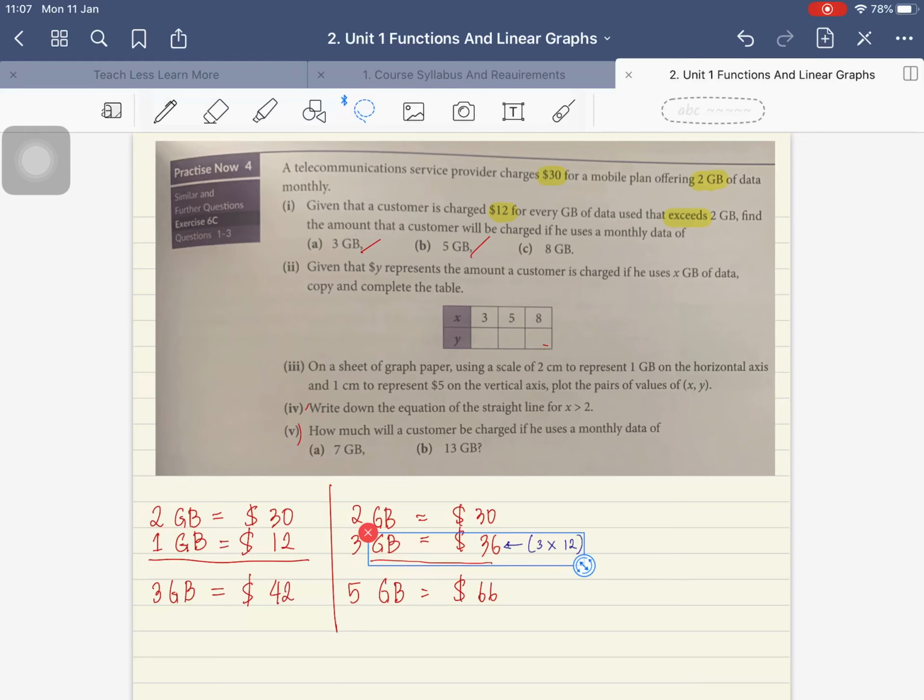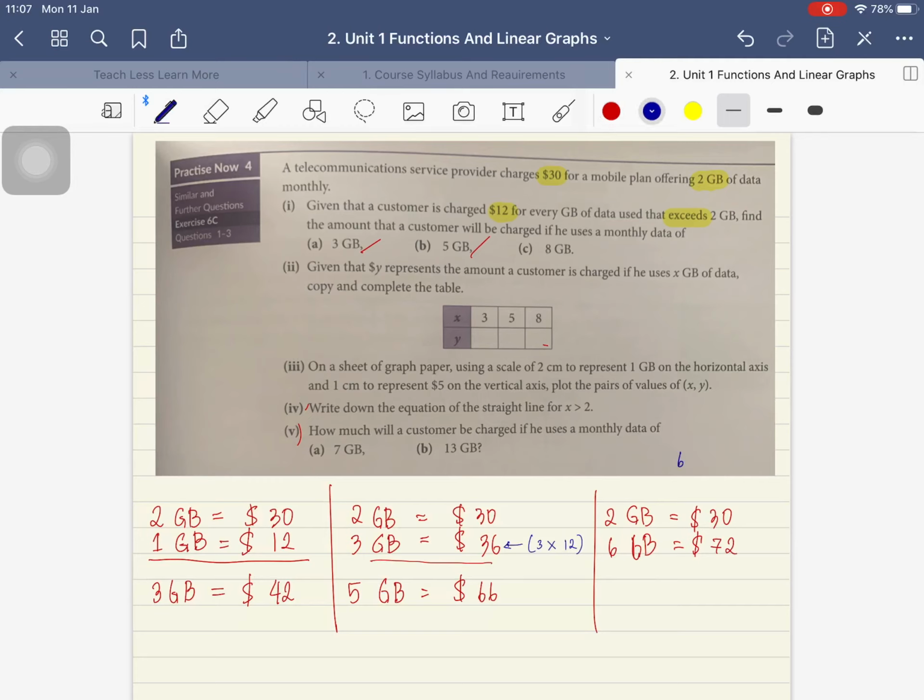Okay, so now the last one is 8 gigabytes. Again, just do the same. That's a simple thing. So $30, and this is 6 gigabytes extra, and that is going to be 72. Where does it come from?